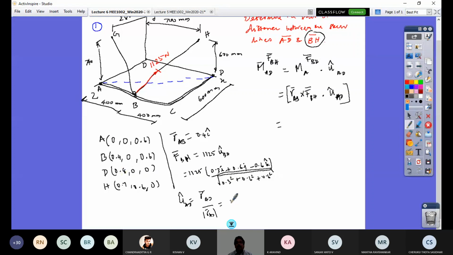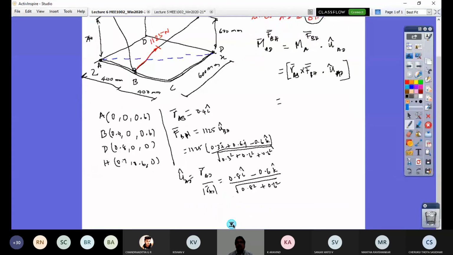So 0.8 minus 0 is 0.8I, 0 minus 0.6J, 6K, divided by the root of 0.8 square plus 0.6 square. That's my UAD.